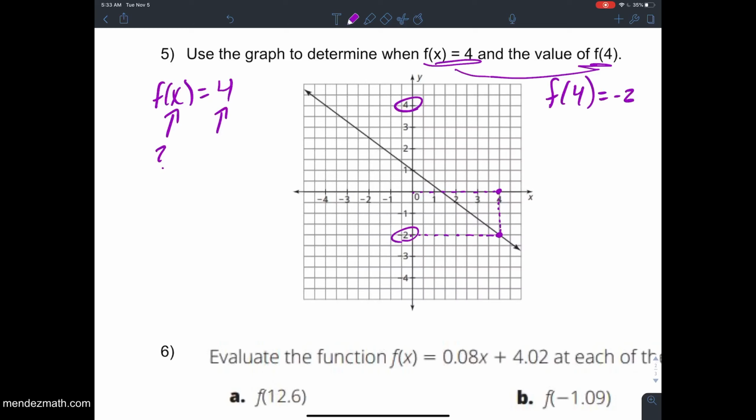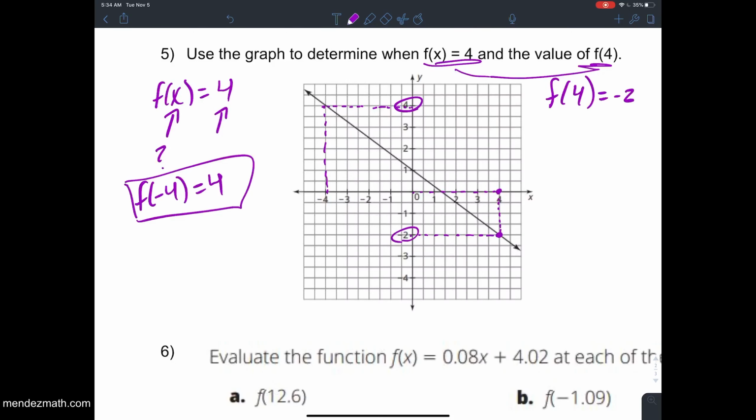So what x would give us 4? So let's look at our y's here. This is 4. So what x would give us 4? -4. So f of -4 would give us 4.